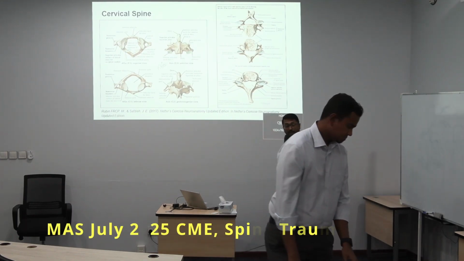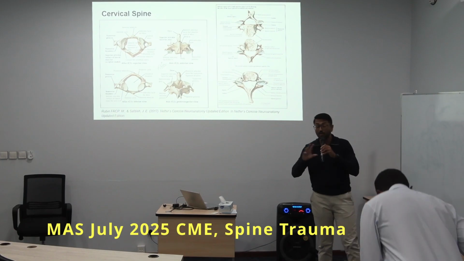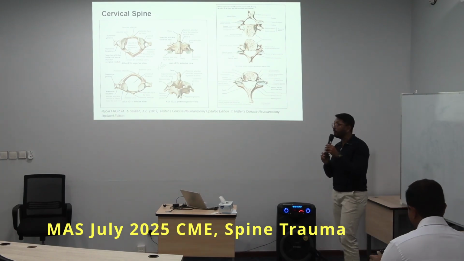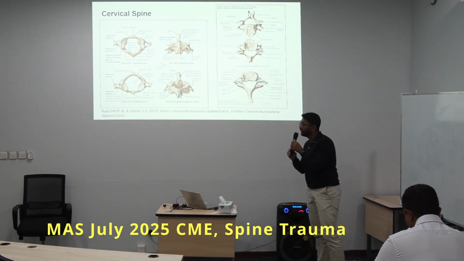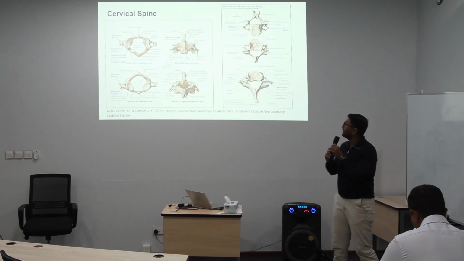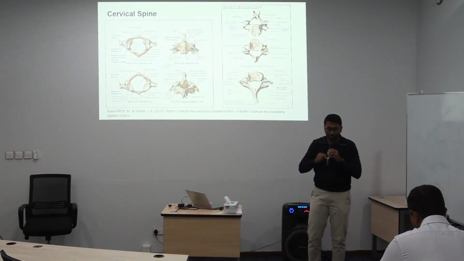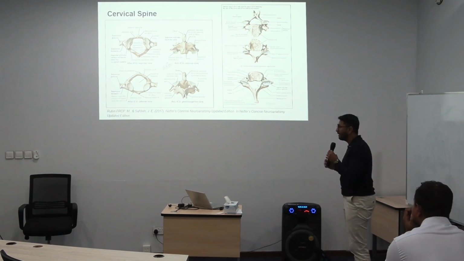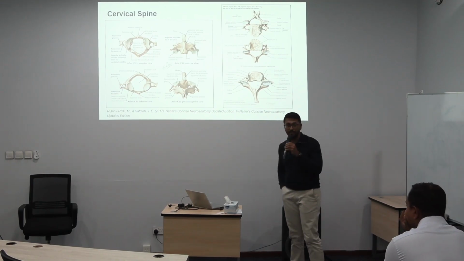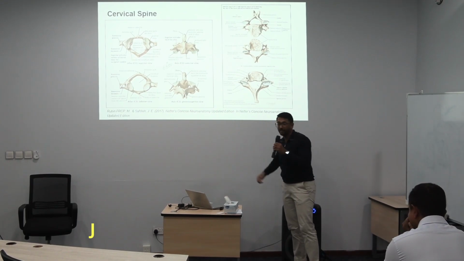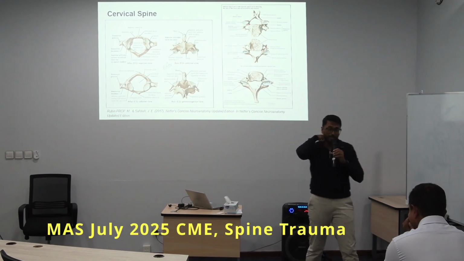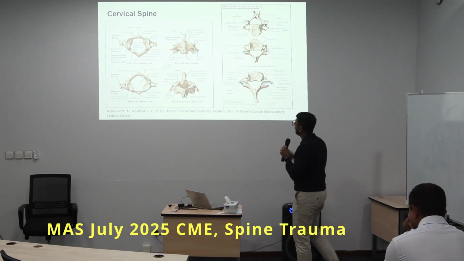We're going to learn how it collaborates with C1 in movement. From C2 down to C6, the spinous process is bifid, like a small little heart. And C7, also known as the vertebra prominens, is an anatomical landmark which you can palpate, also used preoperatively for surgical marking.